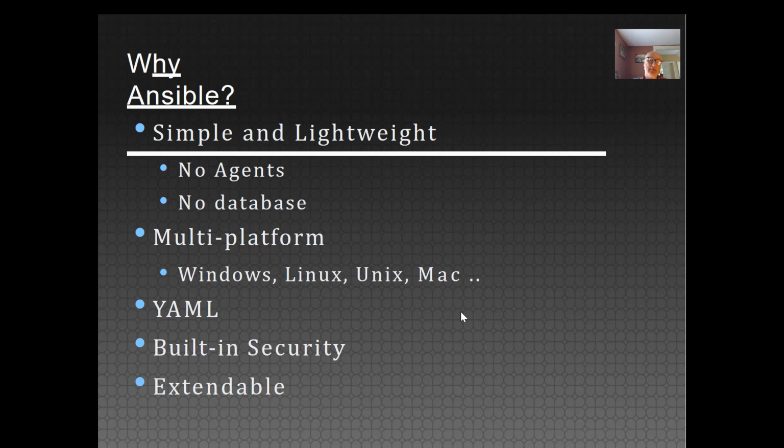We have built-in security. Where that comes from is the fact that Ansible relies on SSH. One of the big security holes that you get with using configuration management tools is you're concerned about somebody impersonating the server that does the configurations, that interacts with the machines that are going to be configured.